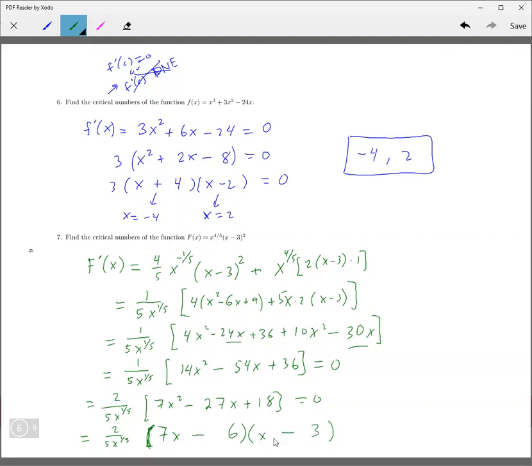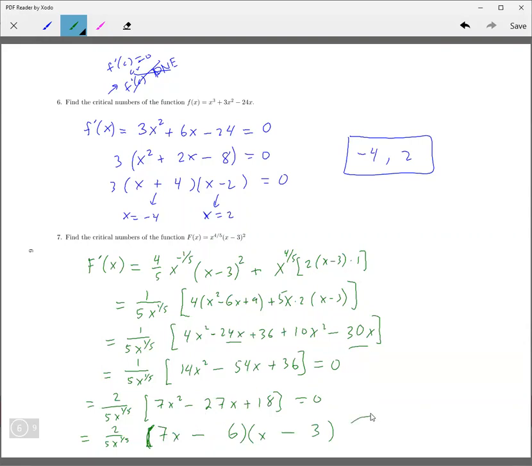Hey, that works. 7x times x is 7x squared. The last one's product is positive 18, so it's negative 6 and negative 3. The outside is negative 21x, inside is negative 6x, so negative 21 minus 6 is negative 27x. So there we go.